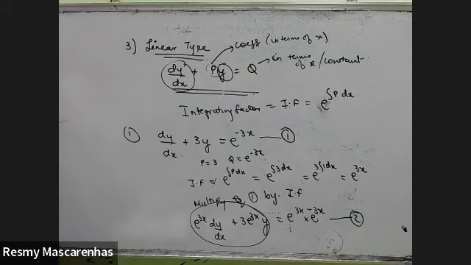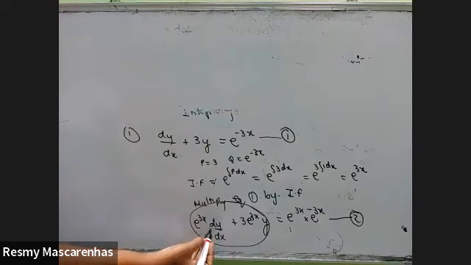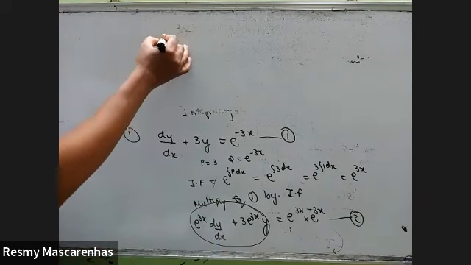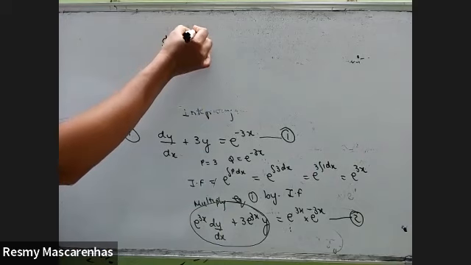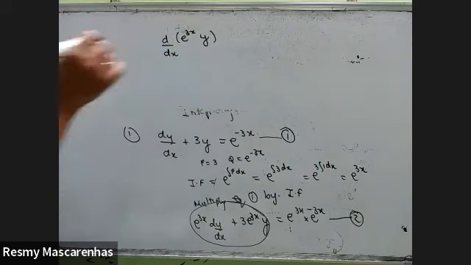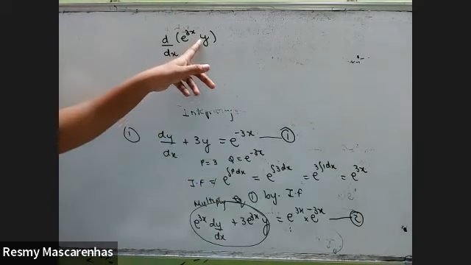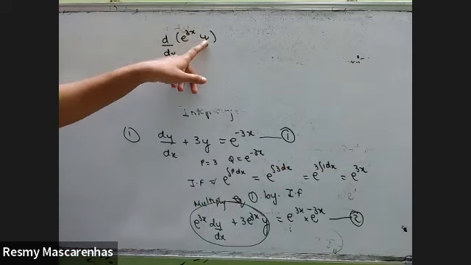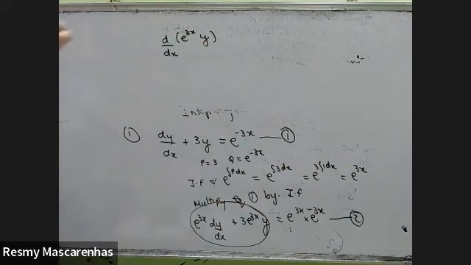Just see this now. It will always be the derivative of this. Just take the derivative of e raised to 3x into y. Suppose this integrating factor is there, into y. Any integrating factor into y, you just find the derivative of that and see what you will get.